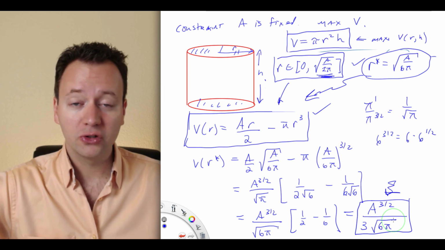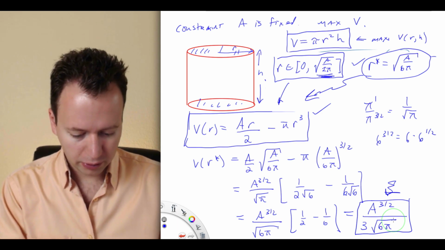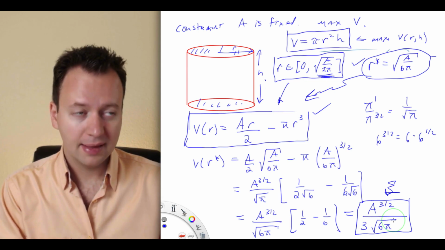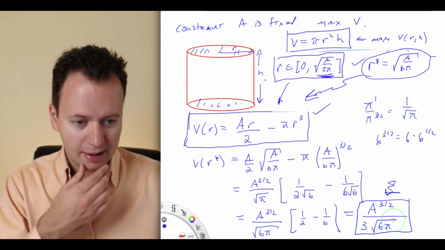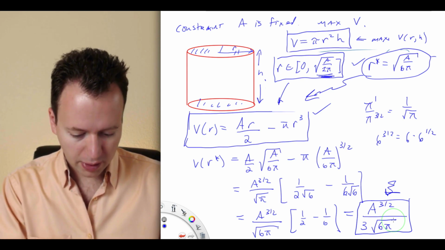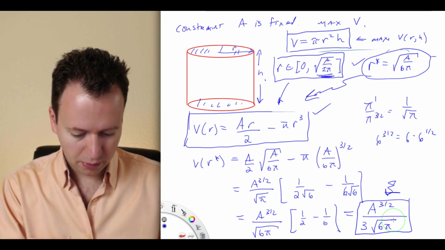So with 100 square inches of sheet metal, 100 to the 3 halves is 1,000. That makes sense because the square root of 100 is 10, and 10 cubed is 1,000. So we get 1,000 over 3 times the square root of 6 pi.